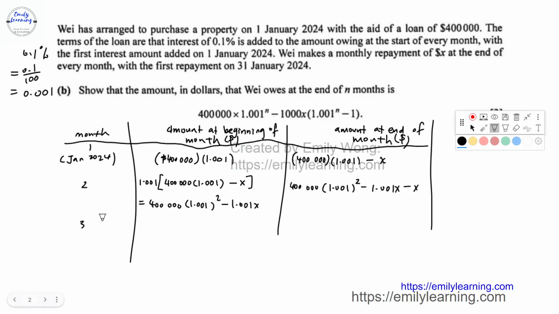Let's move on to the third month. For the third month, the amount at the end of the second month will be charged interest. So I'm going to multiply 1.001 to every term here.